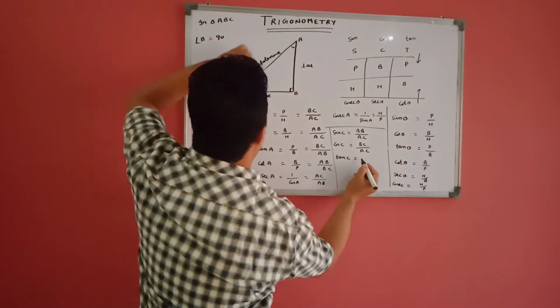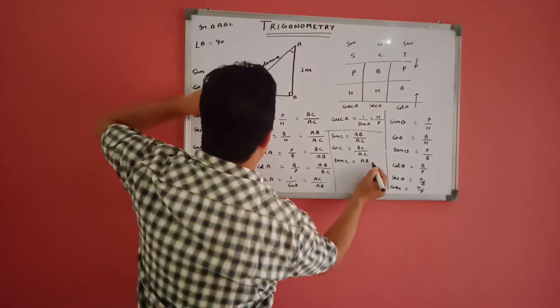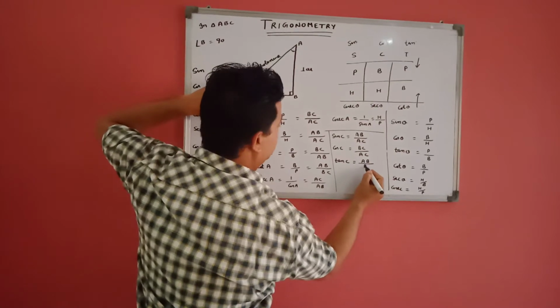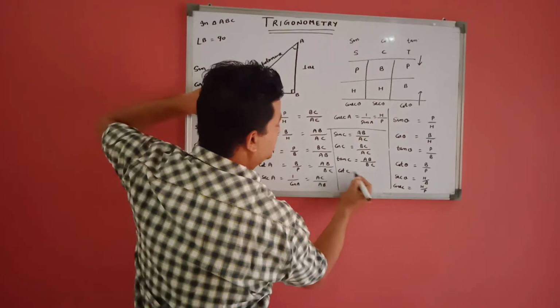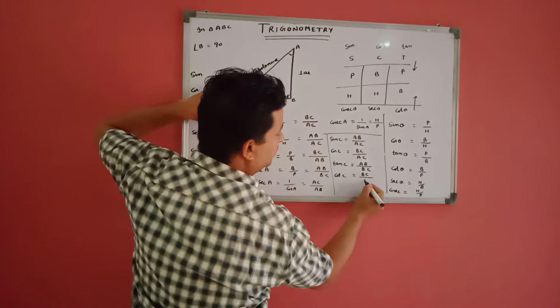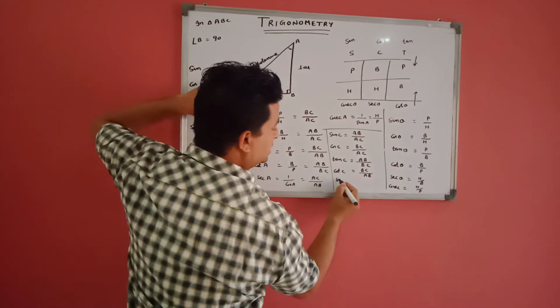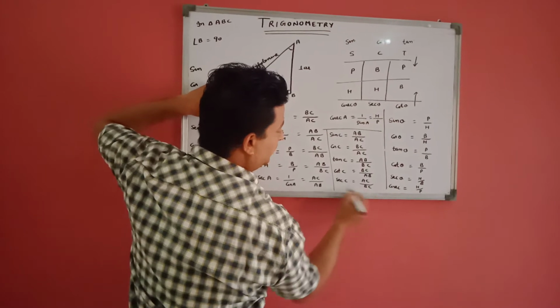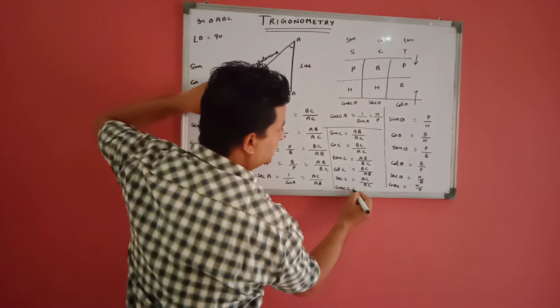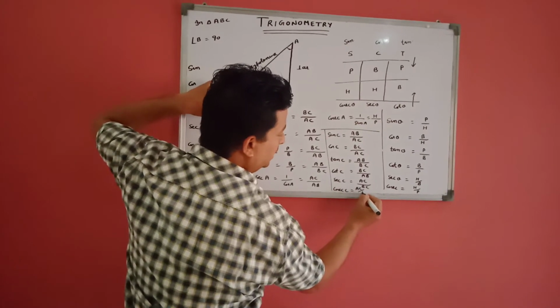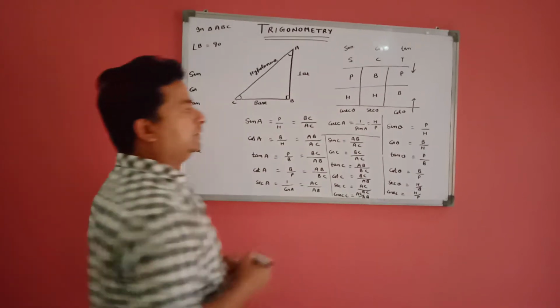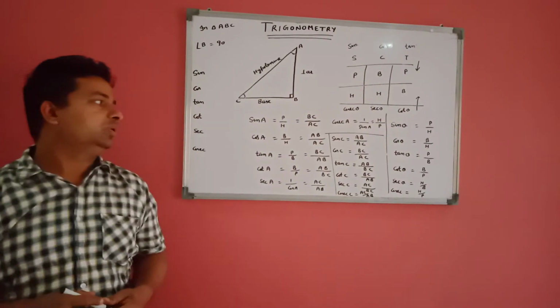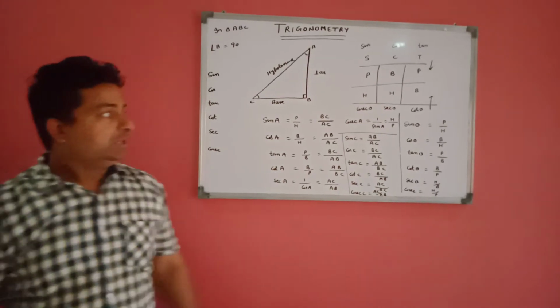Tan C is perpendicular AB upon base BC. Cot C, the reciprocal of tan, is BC upon AB, and secant C, the reciprocal of cos, is AC upon BC. Cosecant C, the reciprocal of sin, is AC upon AB. These are the basic formulas for trigonometry.